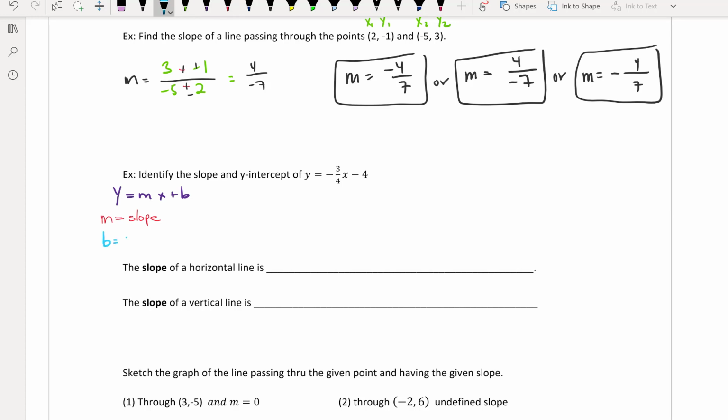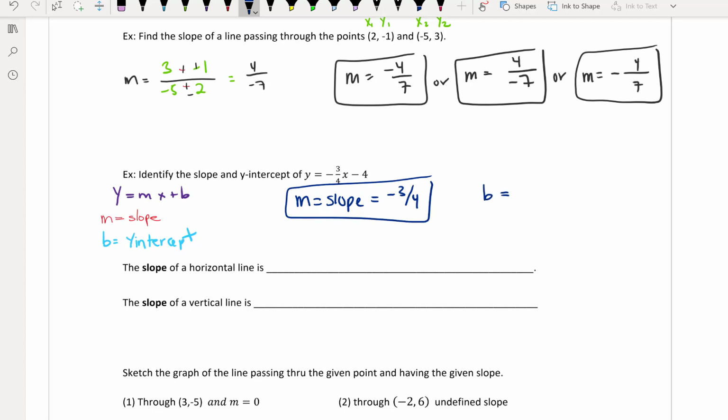That b value is our y-intercept, okay? So when I go ahead and answer this, I'm going to say m, which is my slope, is equal to my -3/4. And I also have that my b is going to be the ordered pair (0, -4).